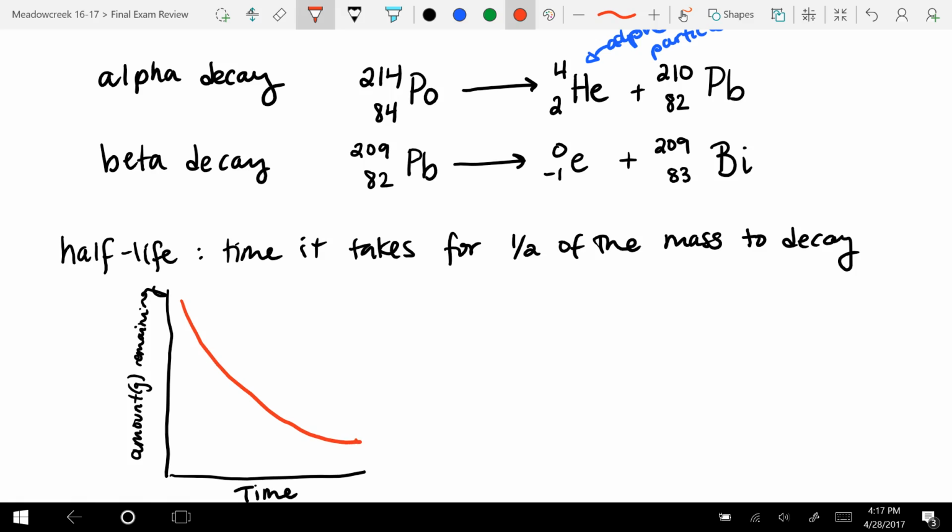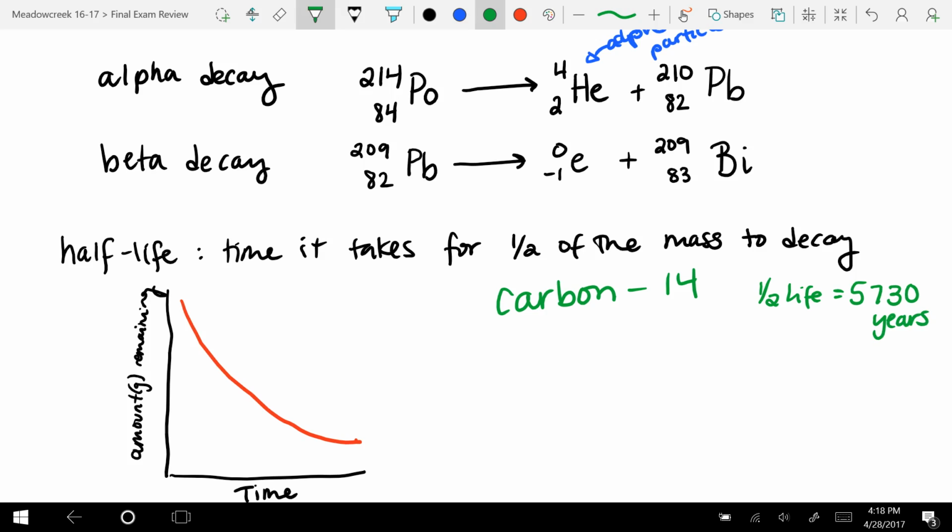Now if we look at, for example, carbon 14, which is usually in pottery and bones and things like that, archaeologists use carbon 14 dating to figure out how old things are. Well, the half-life of carbon 14 is 5,730 years.